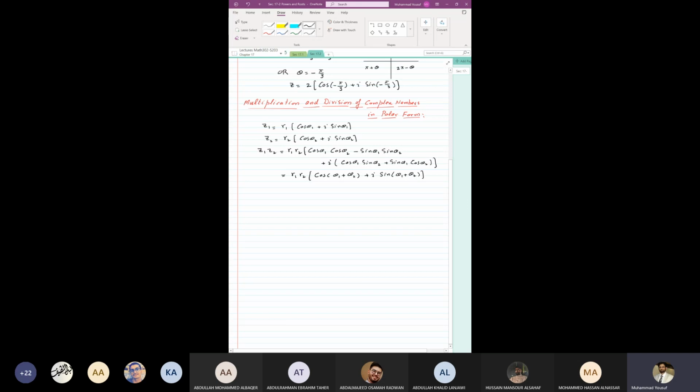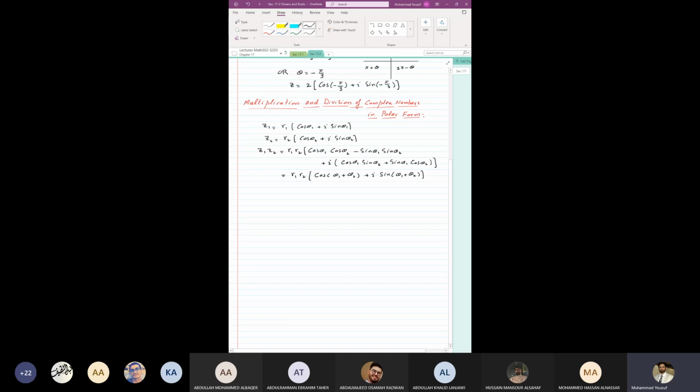So when we multiply complex numbers in polar form, the product is equal to the product of their moduli, r1 and r2, which are the moduli of these complex numbers, and in the bracket we will have the sum of their angles.